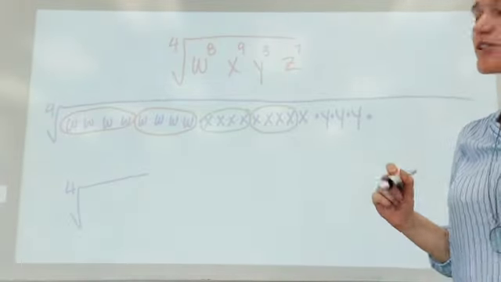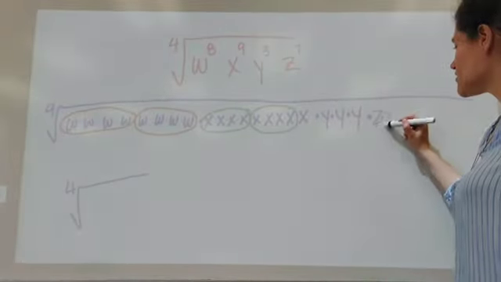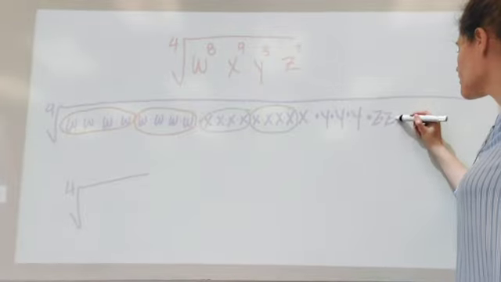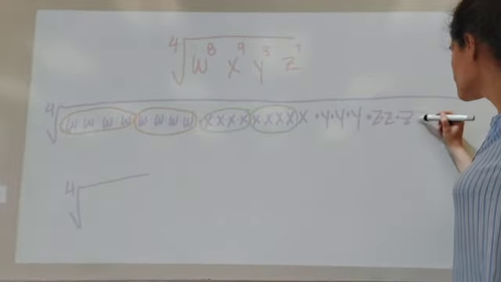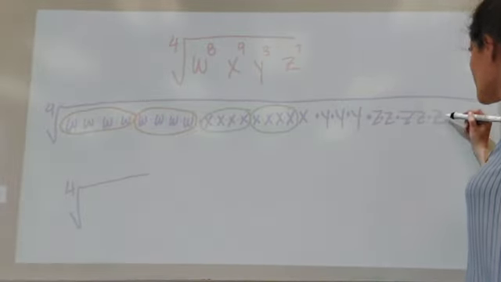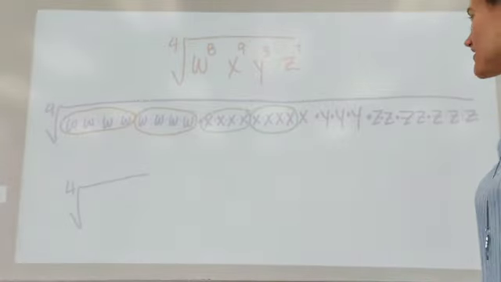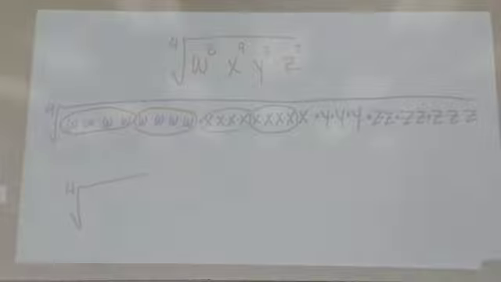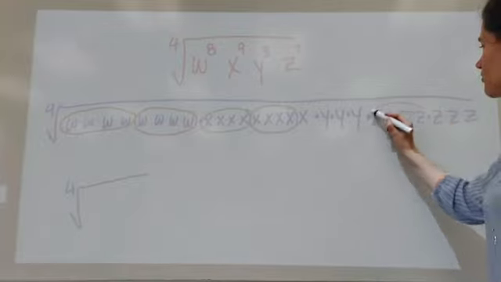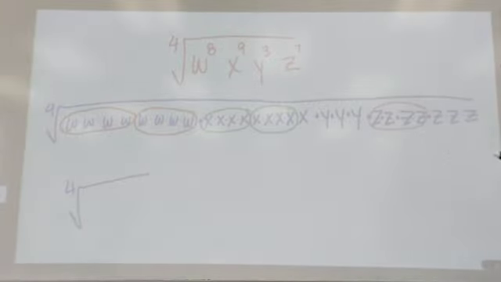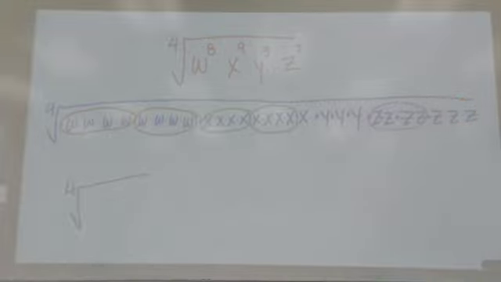So 7 of those. So 1, 2, 3, 4, 5, 6, 7. 7 of the z's, and I'm looking for groups of 4. So I've got a group of 4 here. So just 1 group of 4 and 3 left over.